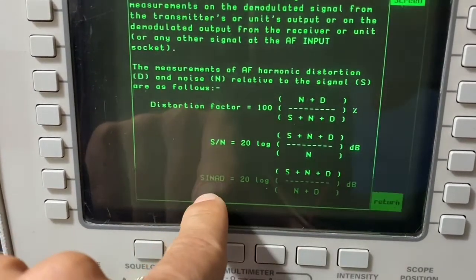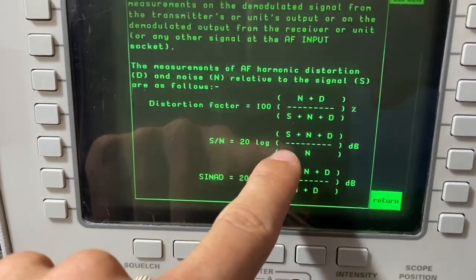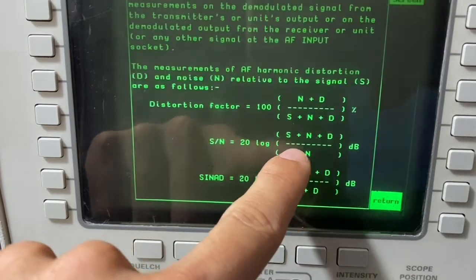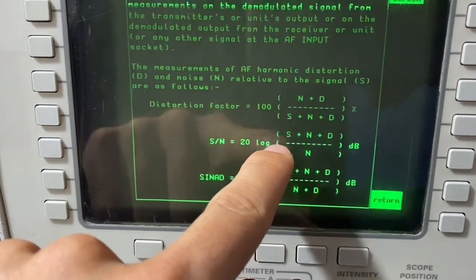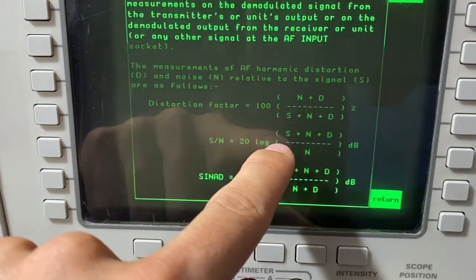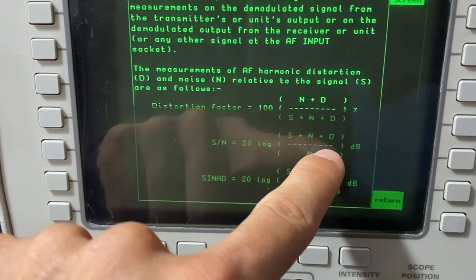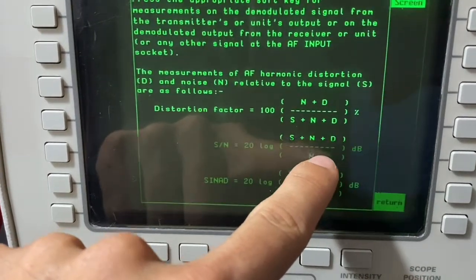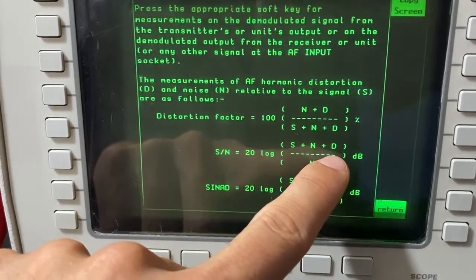But the SINAD, because when we inject a signal into the receiver, the signal will appear over the noise, but the signal will have its own distortion as well, possibly, no? A certain amount of distortion.